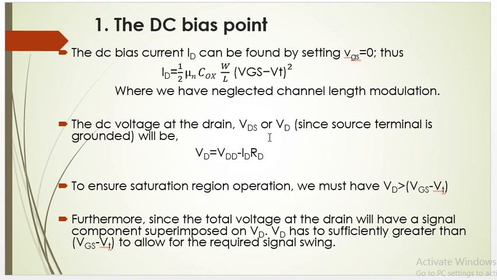In the saturation region, the current is given by ID equal to half mu n COX W by L times (VGS minus VT) squared, by neglecting channel length modulation, and we are assuming lowercase vgs equal to 0.